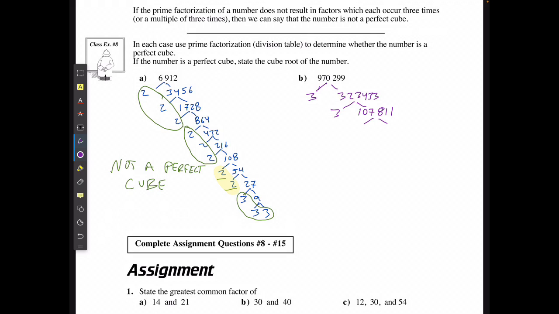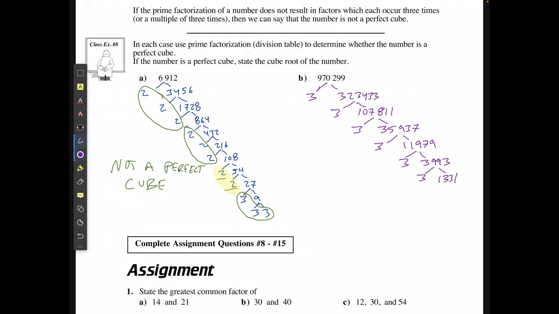This is going to be 3 and 35,937. 3 and 11,979. 3 and 3,993. And 3 and 1,331.